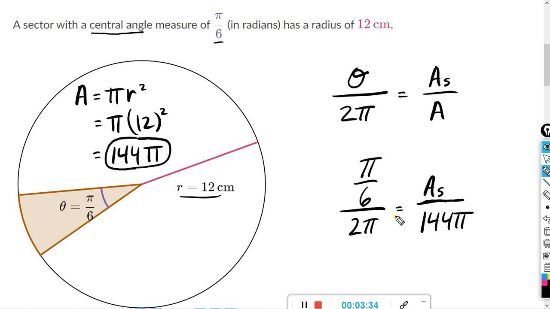All right. Now, in order to solve for the area of the sector, since I'm dividing by 144 pi, I am going to multiply both sides by 144 pi. On the right-hand side, it cancels. On the left-hand side, this is a numerator, this is a denominator. Pi over pi cancels. 144 divided by 2 is 72.